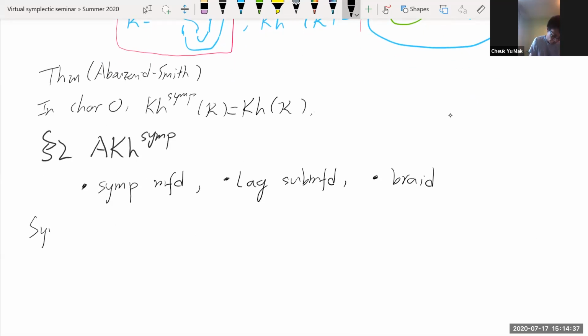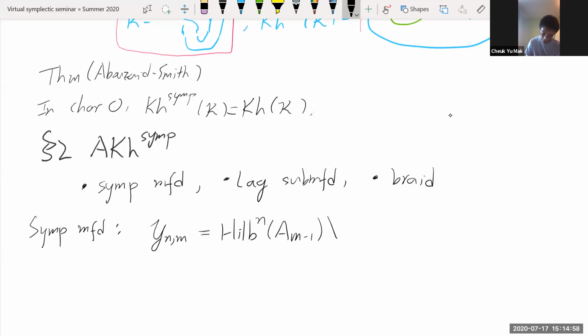For the symplectic manifold, what we are going to use is two sequences of spaces, indexed by two integers. It is the Hilbert scheme of n points on the A_{m-1} Milnor fiber, deleted by the corresponding divisor defined analogously.